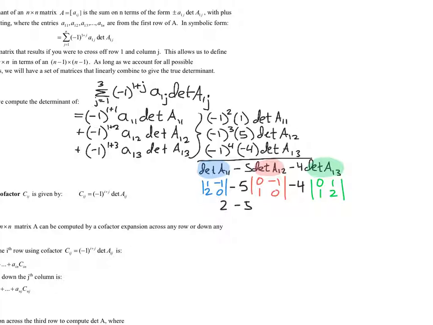Then we have 0 on the down, minus a -1, so plus 1. Also 0 on the down, but this time minus 1. All right, so we can get the determinant here as 2 minus 5, so -3, plus 4, which is equal to 1.